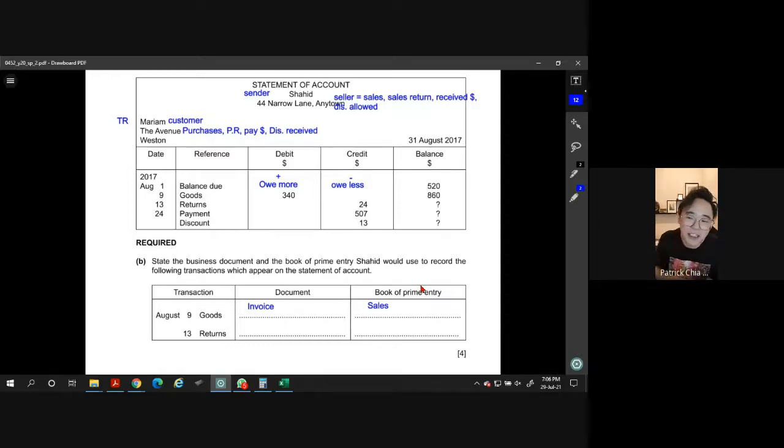So the fellow tried his luck and just put sales, and managed to get marks because under books of prime entry, there's only this thing called sales journal. So they just assumed the word is journal. This only can happen, please don't do this, only if you're really desperate and really cannot remember the name, then just put sales.